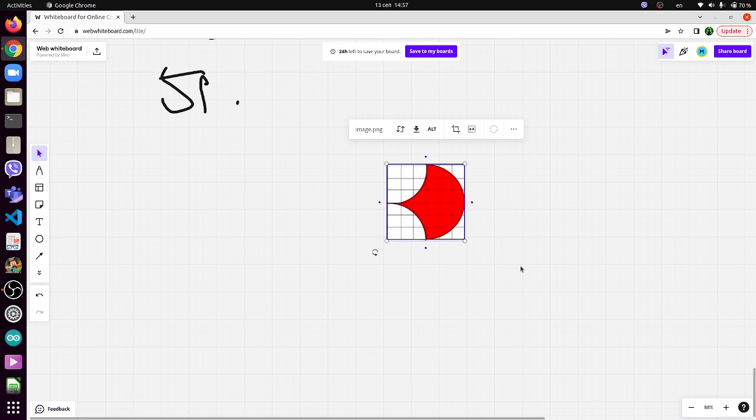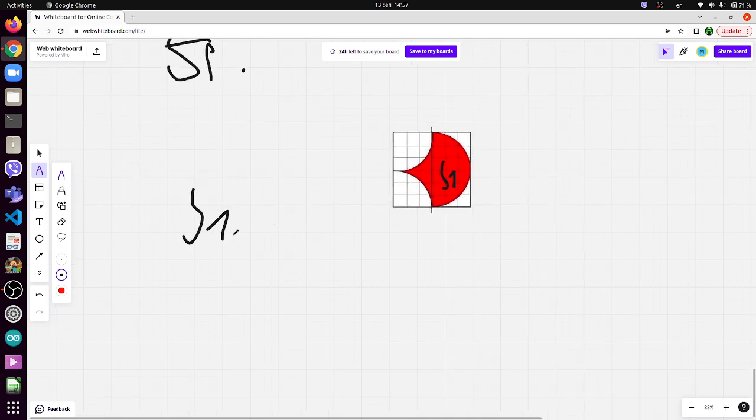We can divide the red figure into 2 pieces. We're going to divide it like that: the first is S1, and the other is S2. We find how much S1 plus S2 is.